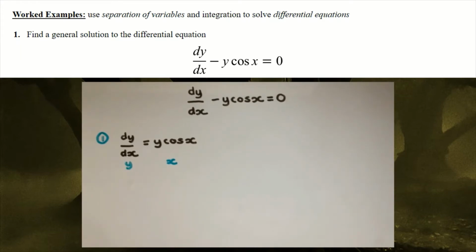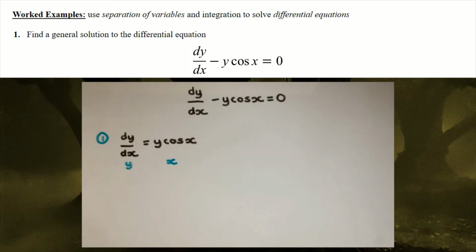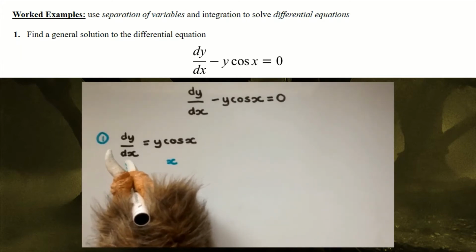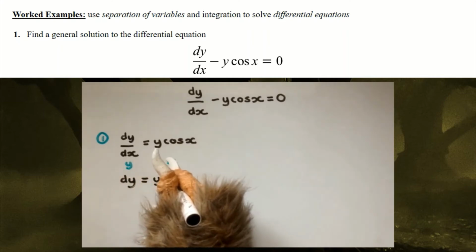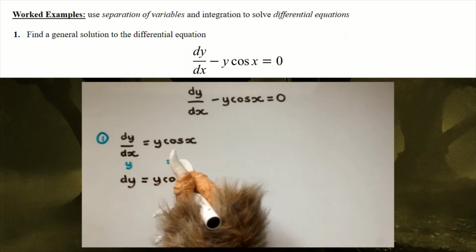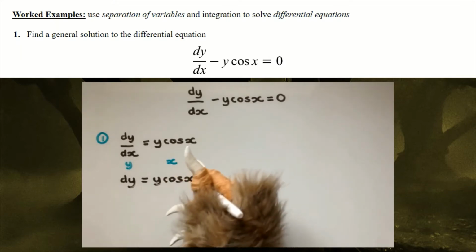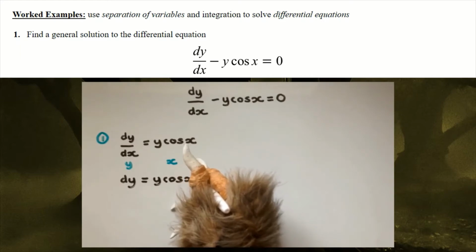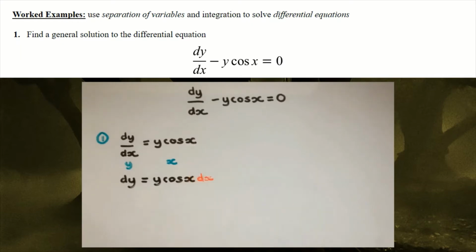So let's keep dy where it is, and to remove the dx, we're going to have to multiply by it. Remove is in inverted commas, of course. So dy is going to equal y cos x, and then with the multiplication by dx, that's going to go on the end, for obvious reasons in a moment.